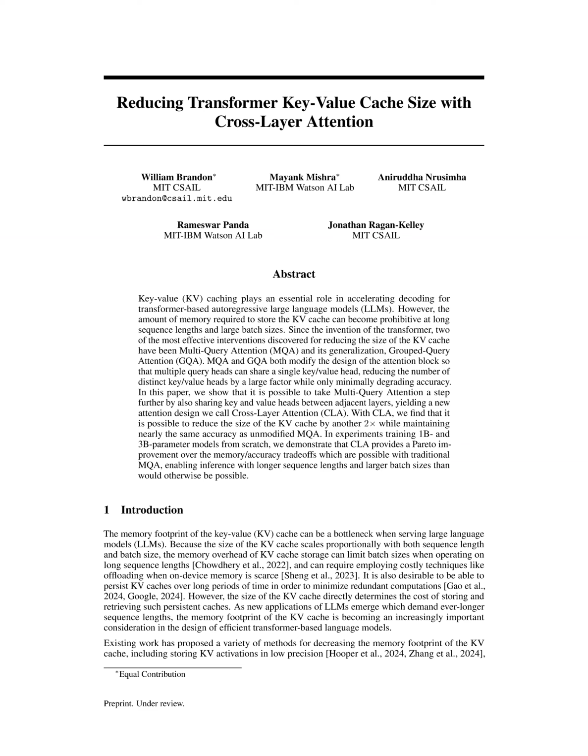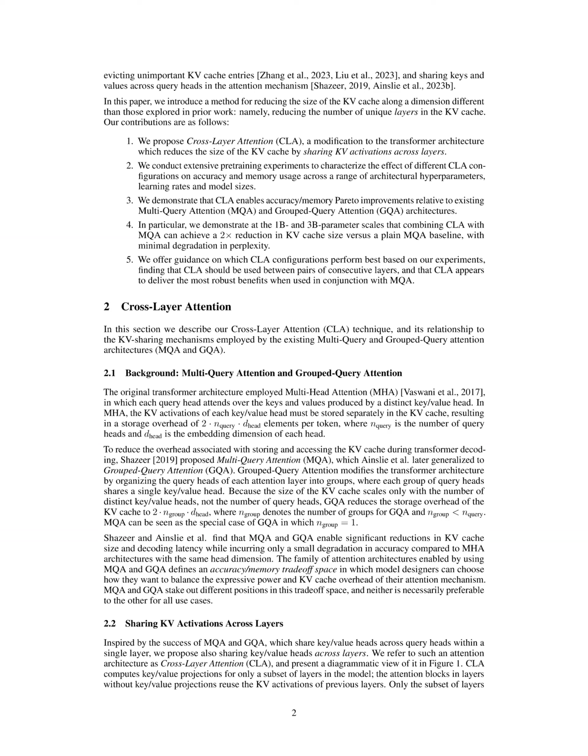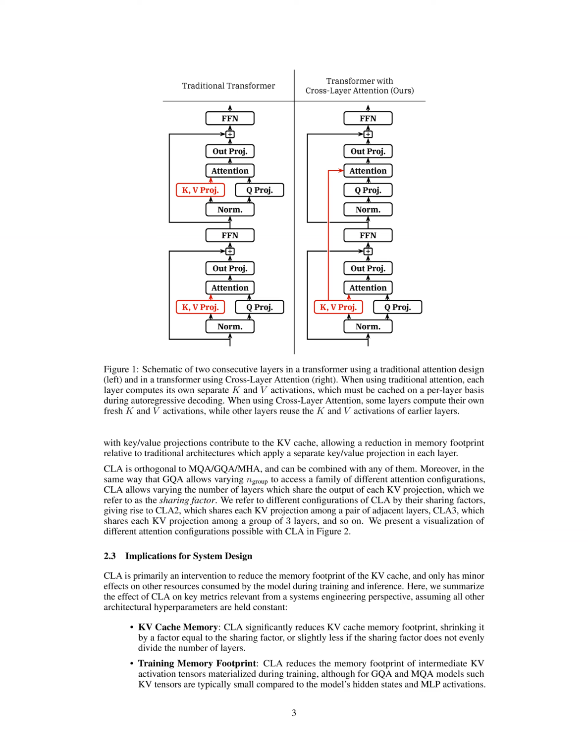This reduction in memory footprint allows for larger batch sizes and longer KV cache persistence times, potentially improving inference latency. Additionally, CLA is shown to provide accuracy memory Pareto improvements compared to existing multi-query attention, MQA, and grouped query attention, GQA, architectures, with minimal degradation in perplexity. The method also offers flexibility in configuration, such as varying the sharing factor, which allows for customization based on specific memory budgets and model requirements.